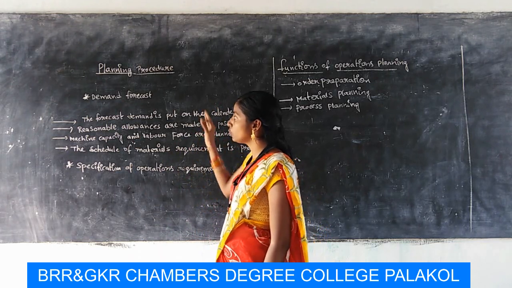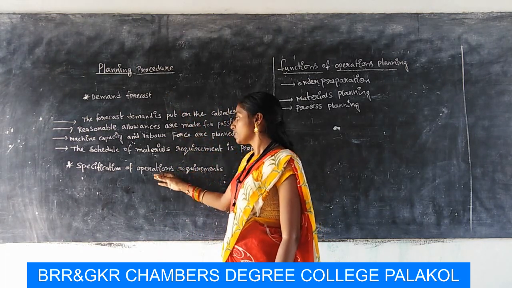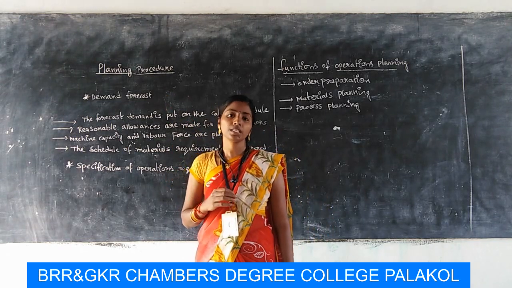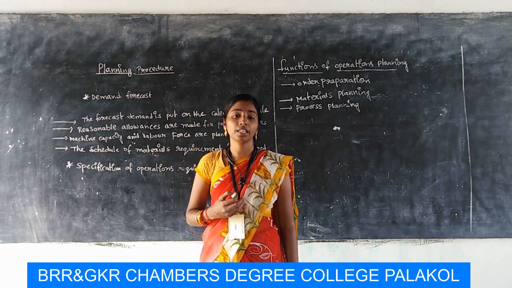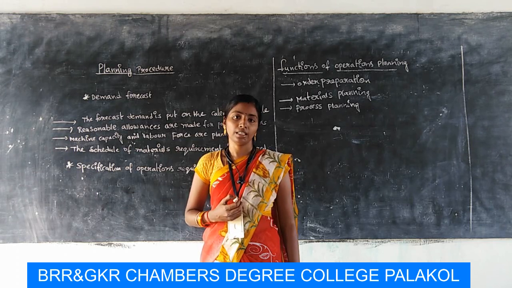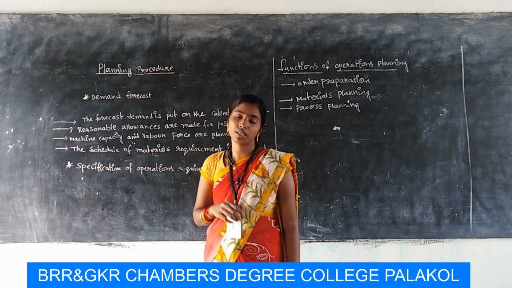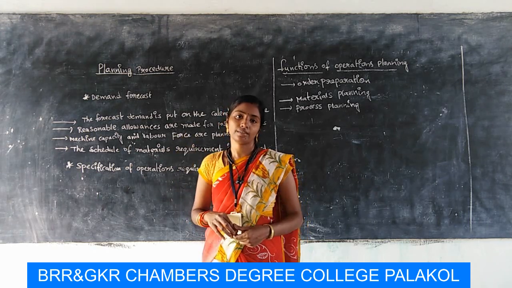It consists of two elements, that is demand forecast and specification of operations requirements. The operations planning procedure results in the operations plan, which is nothing but a production plan. It is the output from the operations planning procedure. So, it starts with demand forecast.